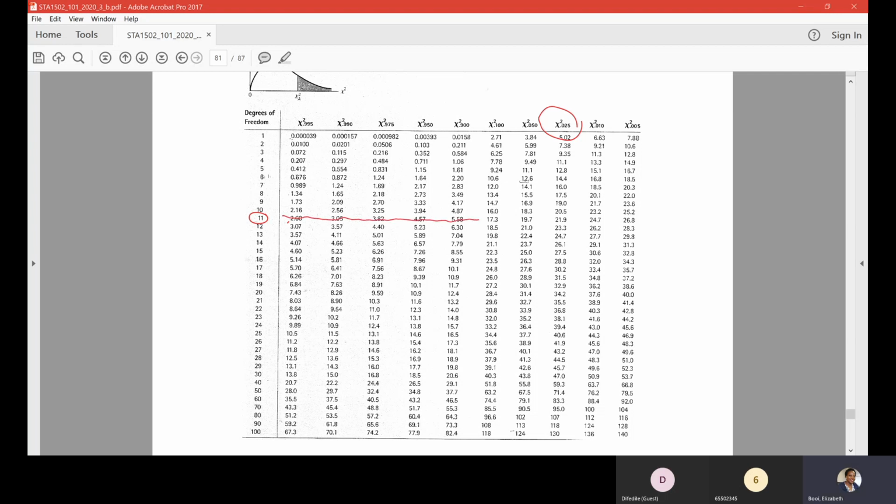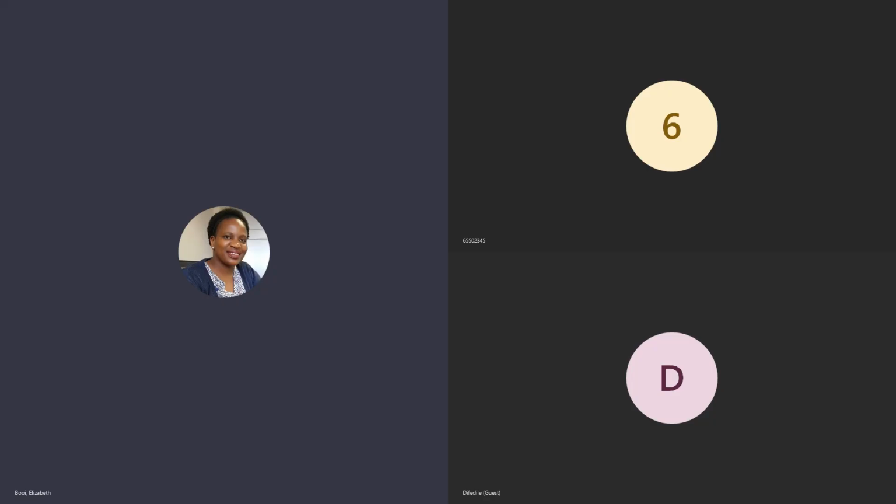That will be the value we are looking for. And I know that this is 21.9. In this instance, this table only has 1 decimal place, so it's still fine. You will be using this table. So you are going to say 21.9 is your critical value. And then we go back to the presentation.